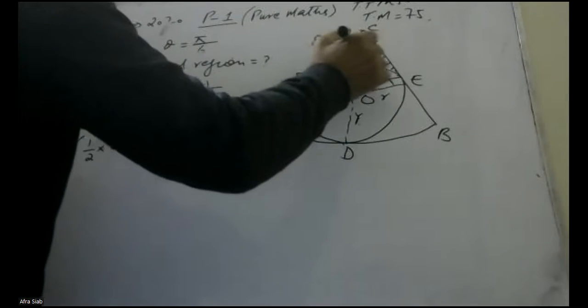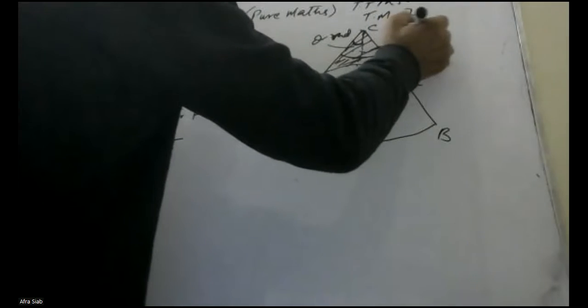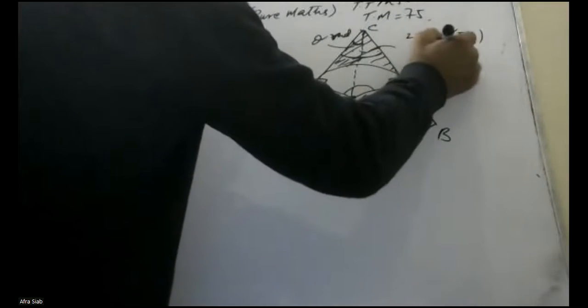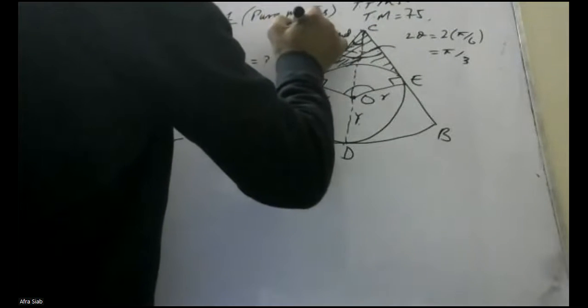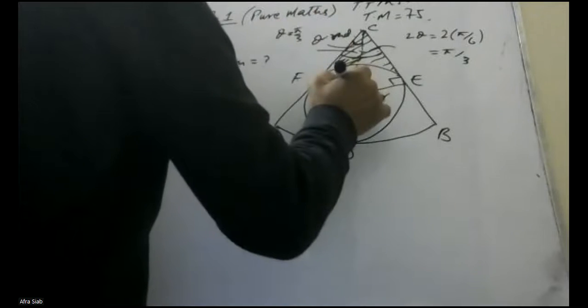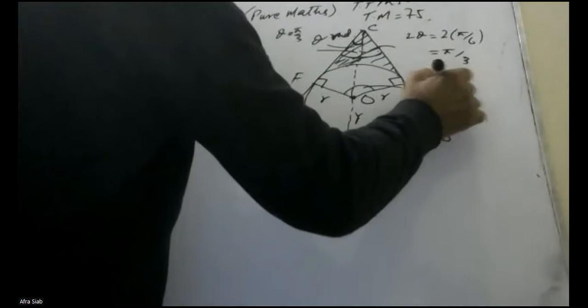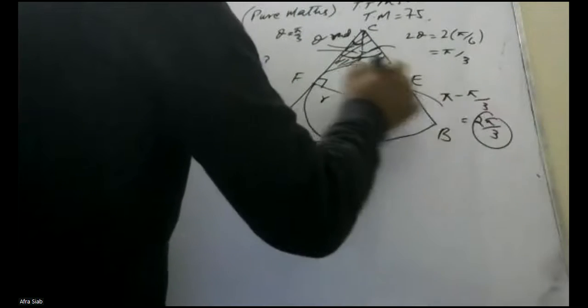This theta is pi by 6, so this total angle is equal to 2 theta, that is 2 into pi by 6, which is pi by 3. That is, this angle is pi by 3. Then this angle would be pi minus pi by 3, that is equal to 2 pi over 3, for this angle theta 1.